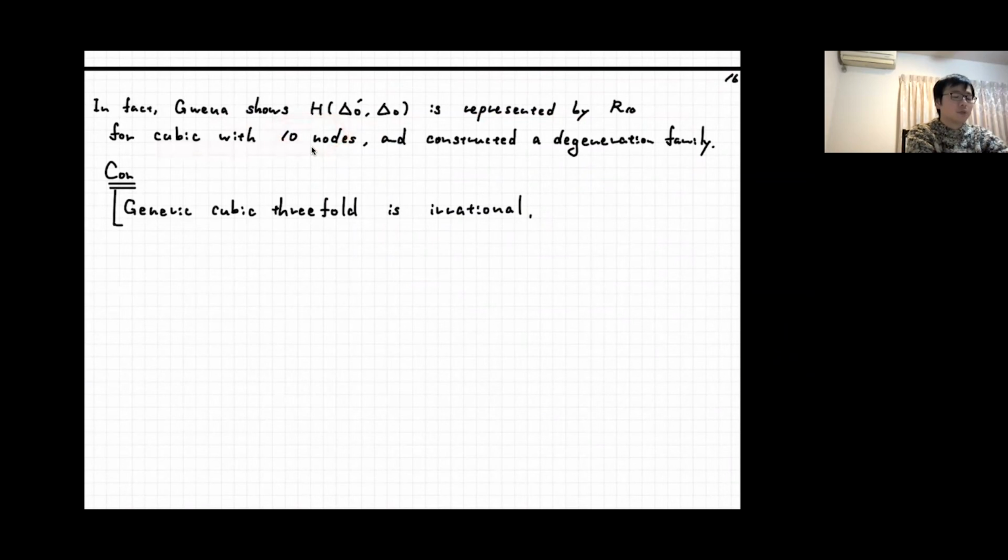Specifically, by considering just a linear combination of these 10 nodes and the pencil defined by this central fiber and the smooth ones, constructed a degeneration family towards the R10. So it gives another proof for the statement that generic cubic threefold is irrational.